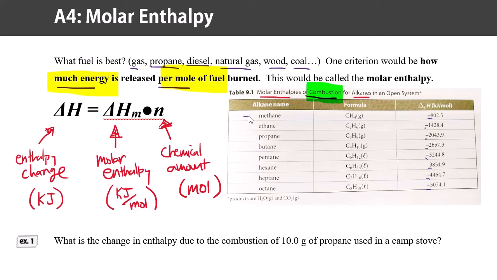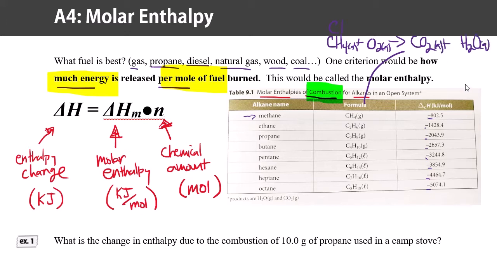So for methane, the first one on my list, when I burn CH4, according to this combustion reaction, CH4 methane plus oxygen gas gives me carbon dioxide and water vapor.